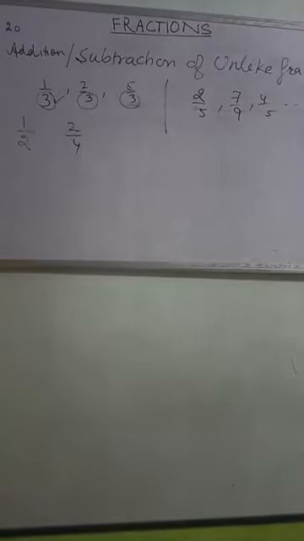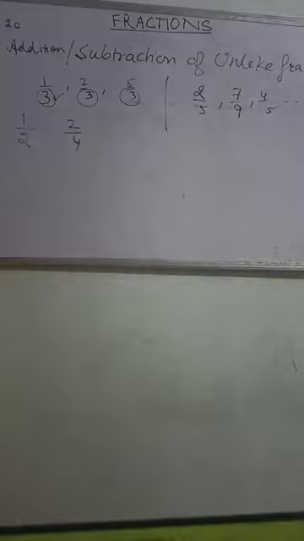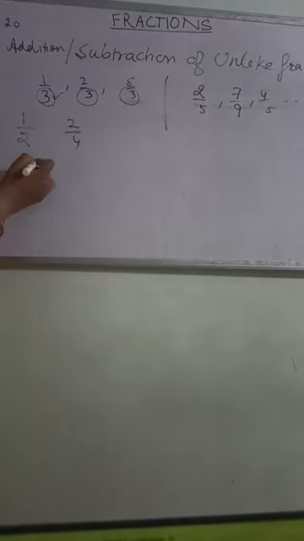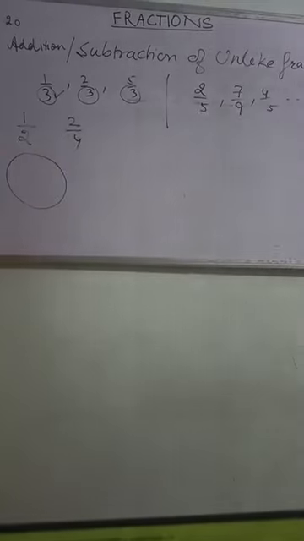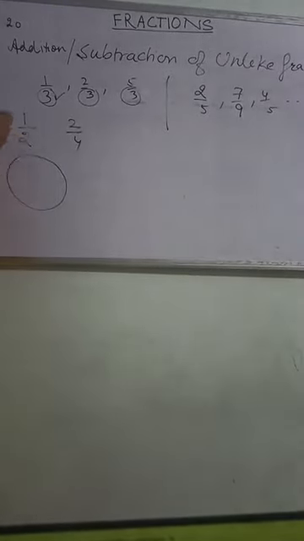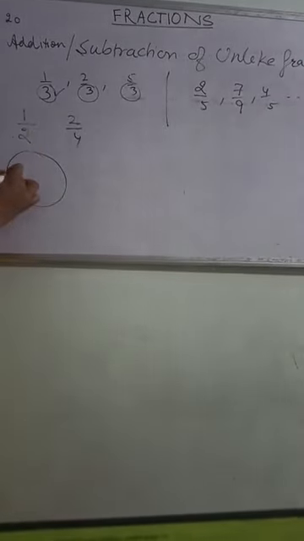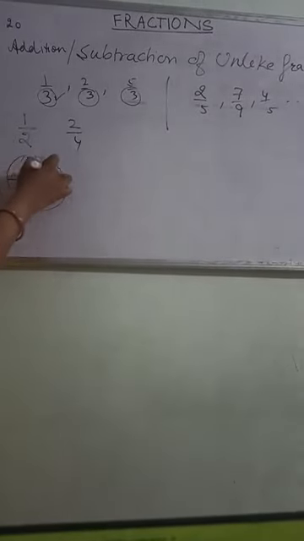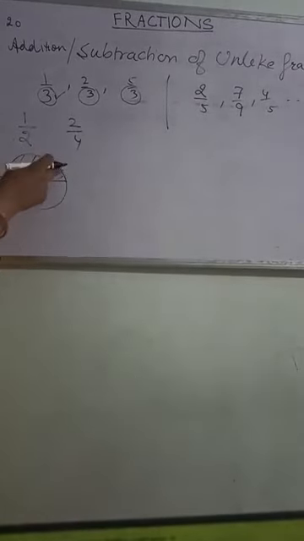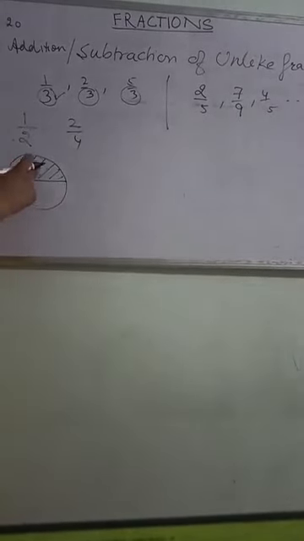But these are equal, all of you know these are equal. So how can we represent this in a picture? For 1 by 2, say I am taking one chapati. How many parts should I divide it into? 2 parts, because the denominator is 2. And from this I am taking 1 part. So this part of the chapati is known as 1 by 2.